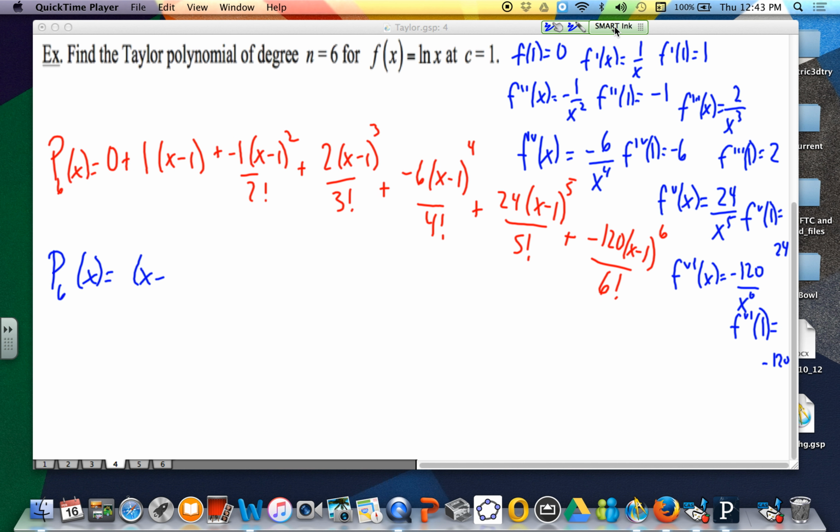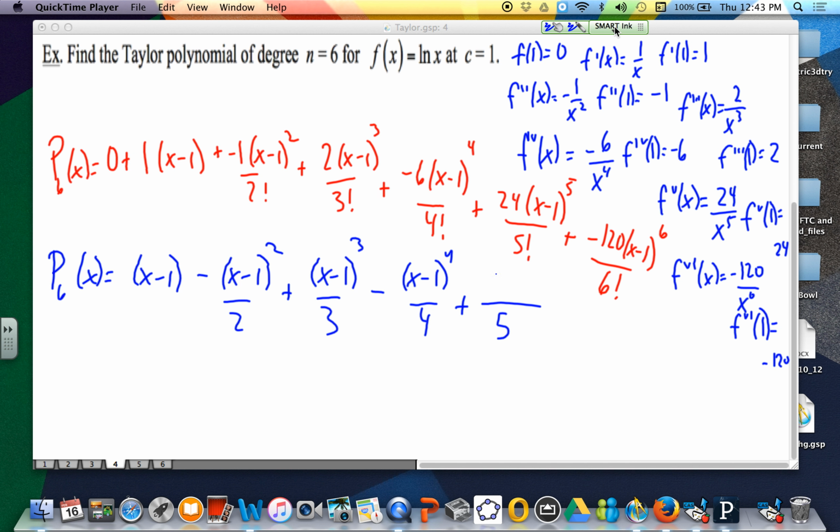I get this x minus 1 minus the quantity x minus 1 squared divided by 2, plus that 2 divided by 3 factorial is just going to be x minus 1 to the third divided by 3, minus that's going to be 24 divided by 6, last time I checked that was 4, so you've got minus x minus 1 to the 4 divided by 4, plus, and then do you see what's happening here?